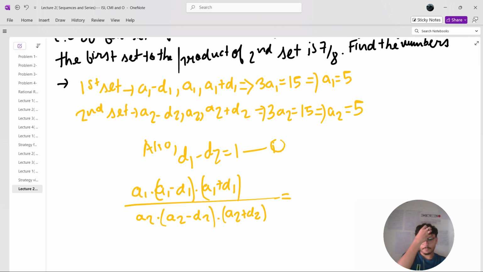These dots mean multiplication, okay? This is basically 7 by 8.